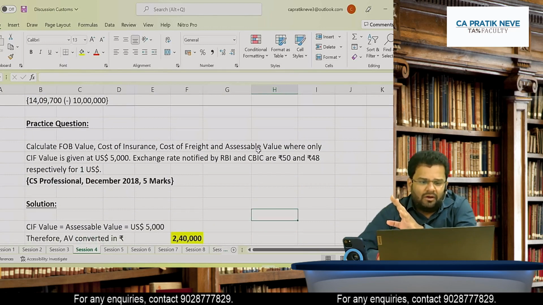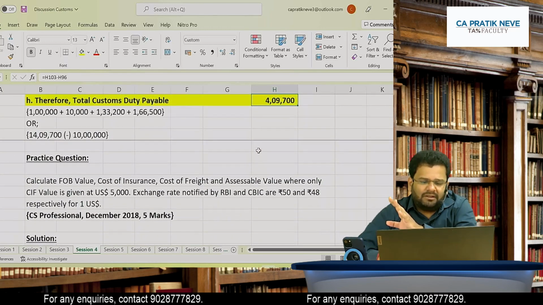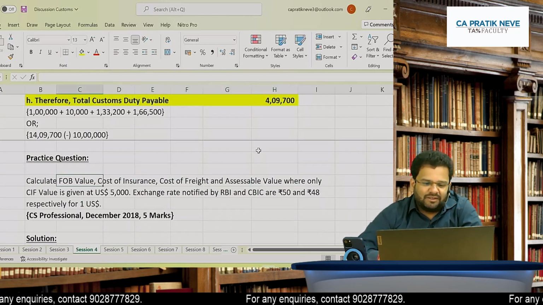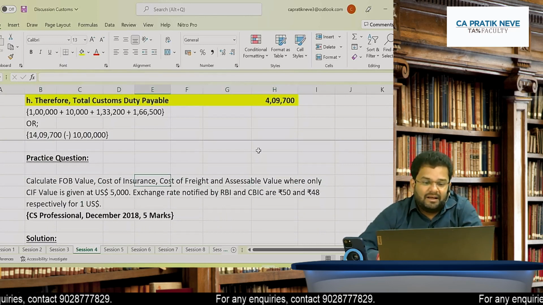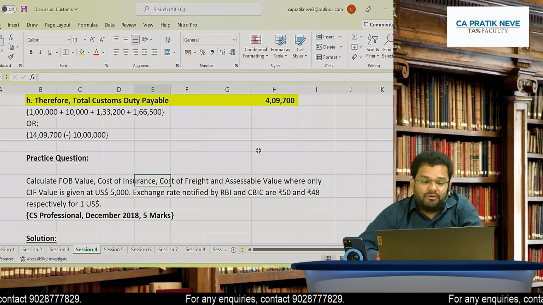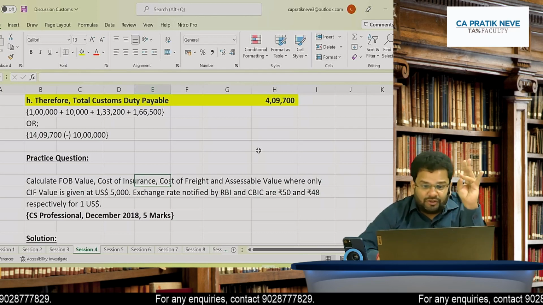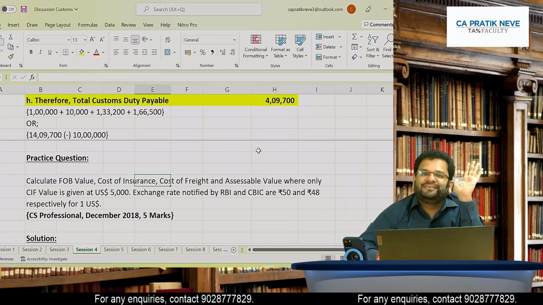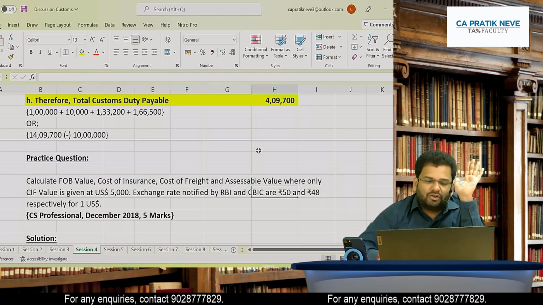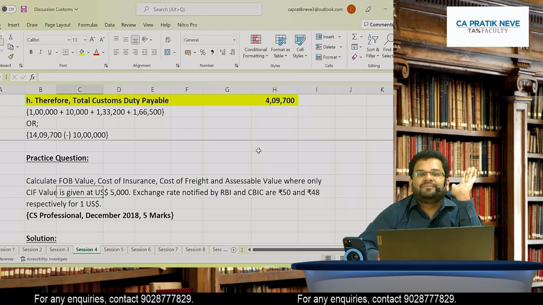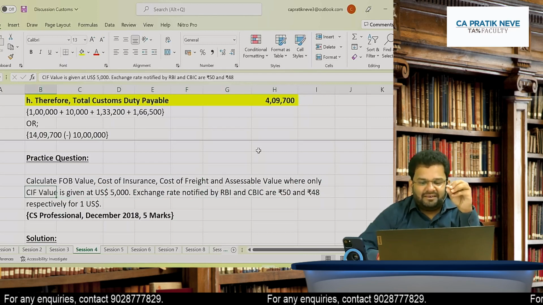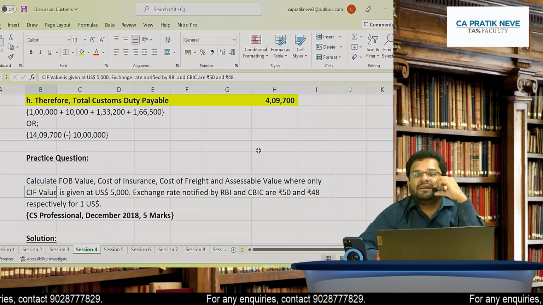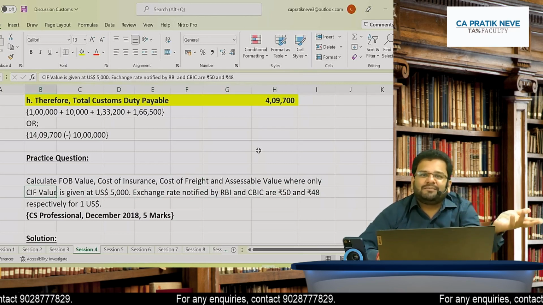Now one more question, not a traditional question, but a very nice one asked once in exam. They are asking you to calculate FOB value, cost of insurance, cost of freight, and assessable value. What is given to you is CIF value. Very simple. Directly CIF value is given. You all know CIF value itself is assessable value.